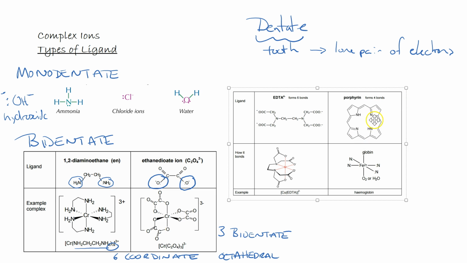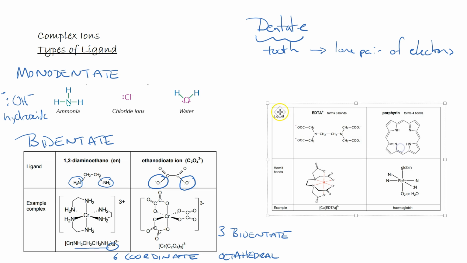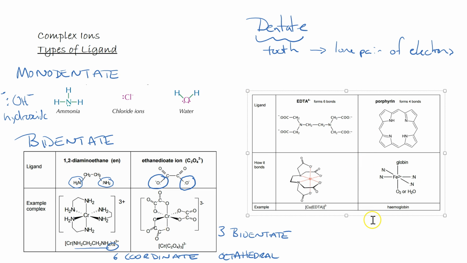The final ones then to look at that we might be expected to recall are where we've got multiple points of contact. 2 classic ones that we look at in the course are EDTA4-. Now EDTA has got 6 points or 6 ligands.